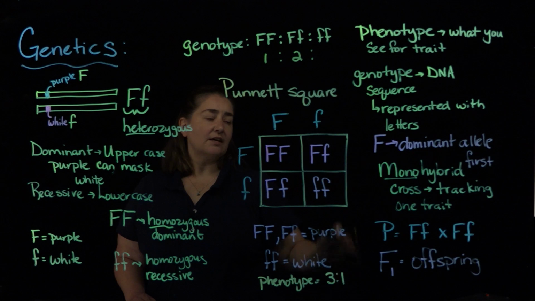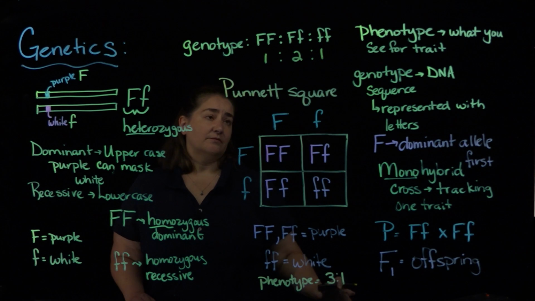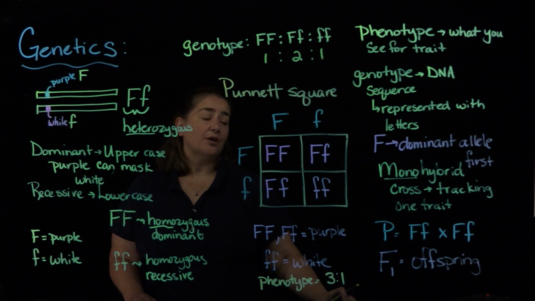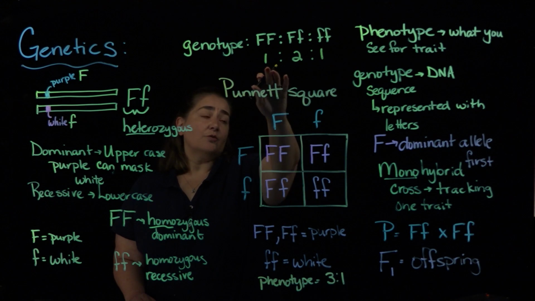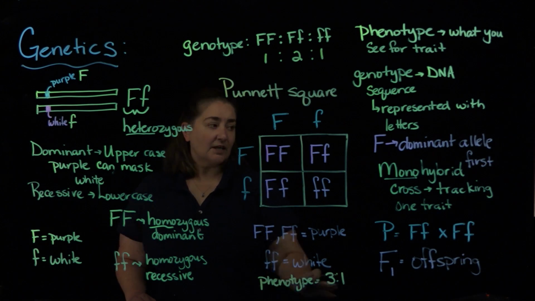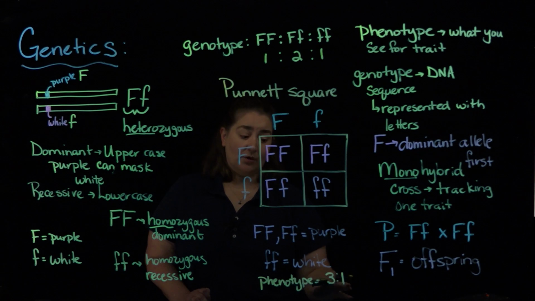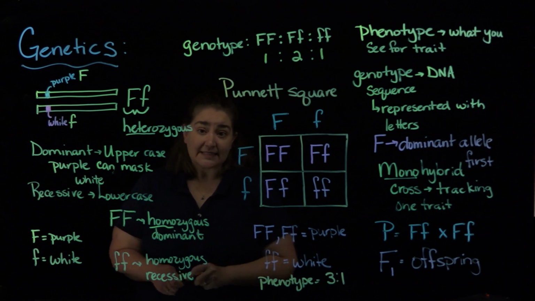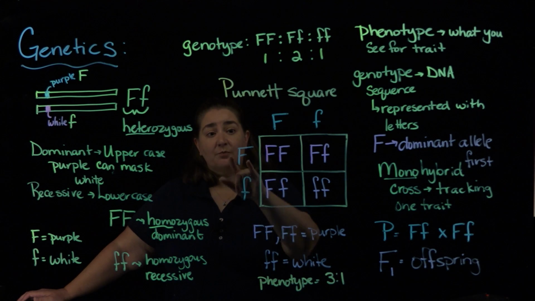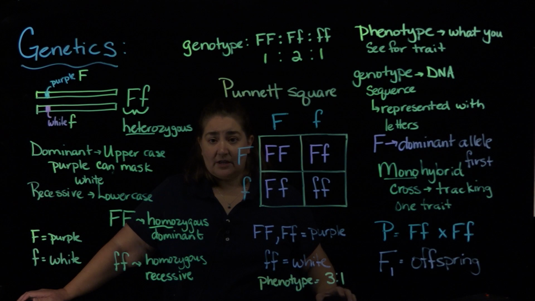Lowercase f lowercase f, we've got 1, okay? So when you cross 2 parents that are both heterozygous, you will always see the genotype ratio of 1 to 2 to 1, okay? And a phenotype ratio of 3 to 1, okay? That'll be consistent if the parental generation, both of them are heterozygous.